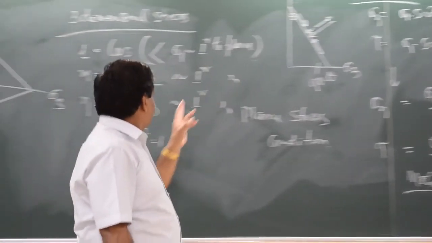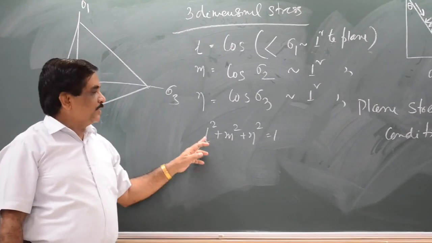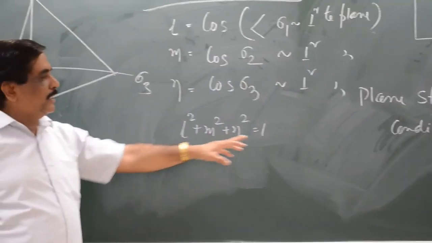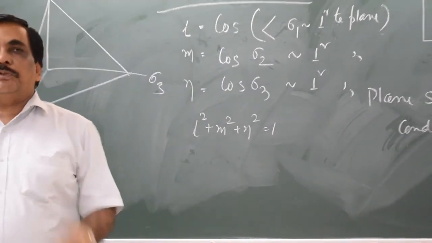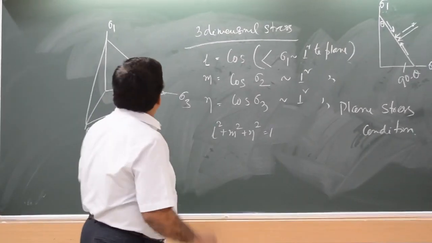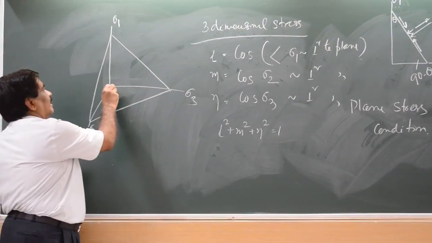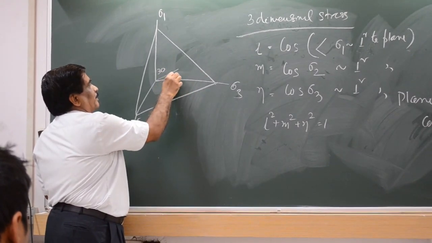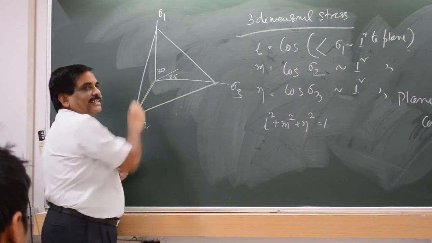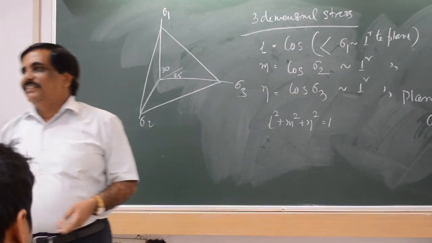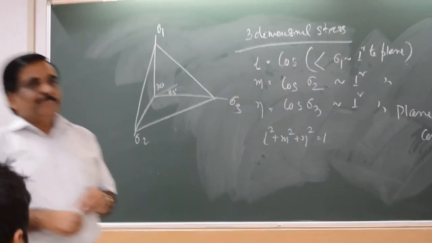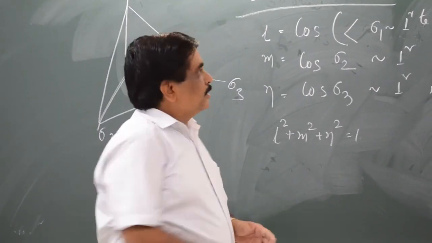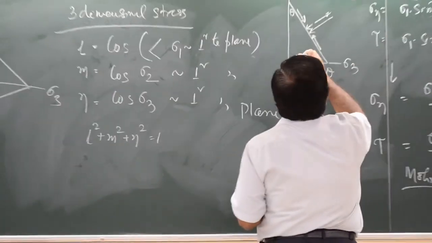If it is three-dimensional, L squared plus M squared plus N squared equals one is the relationship. Suppose I ask you, suppose this angle is making 30 degrees, this is making 25 degrees. How much is this making? How can you know?